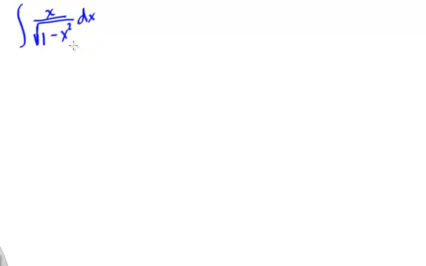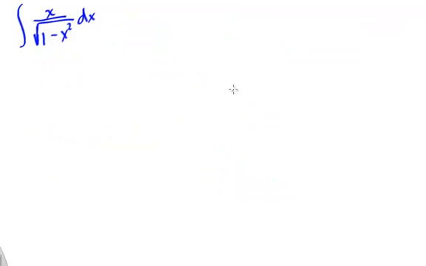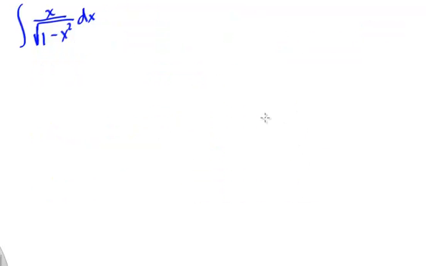I know we can do this using the straightforward regular u substitution, but I like to do this using the trig substitution, just for practice, to illustrate this example. Here our problem has the square root of 1 minus x squared, so it calls for either 1 minus cosine squared theta, or 1 minus sine squared theta. You could choose either one, and it makes no difference at all in your computations.